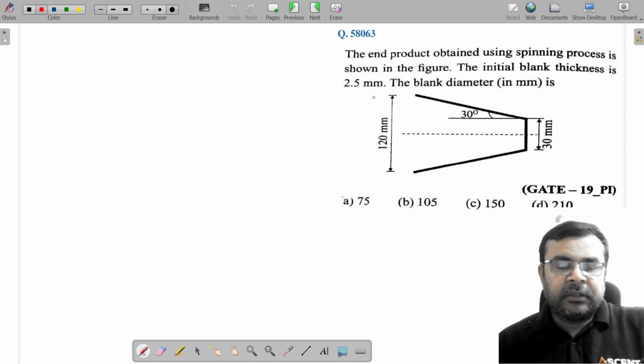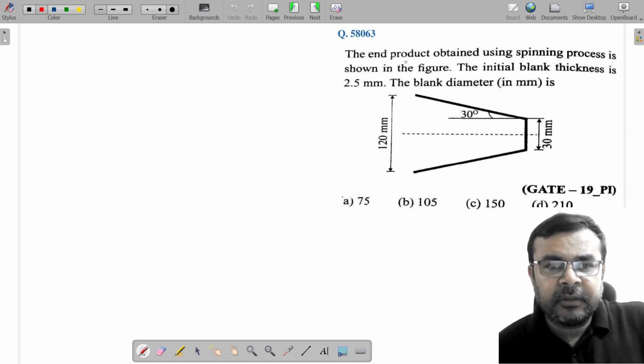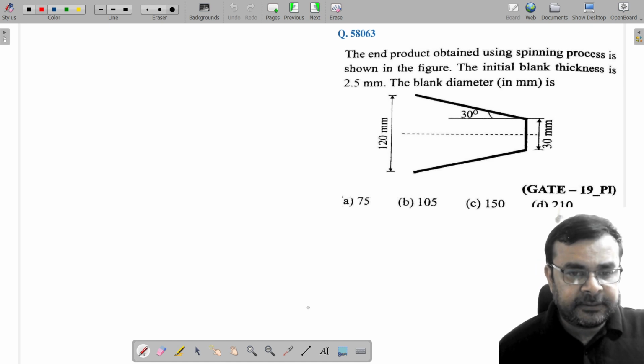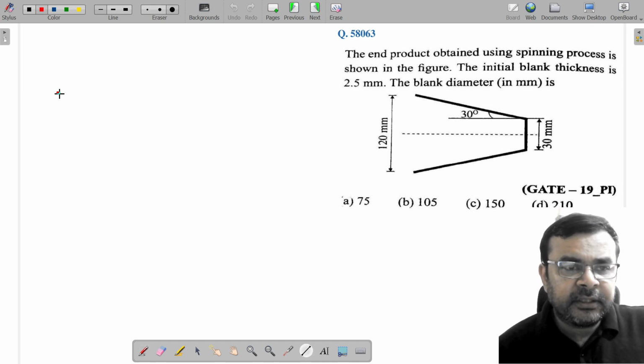Now you can see the end product obtained using a spinning process in the figure. The initial blank thickness is 2, and the blank diameter in millimeters. So first, if I talk about the spinning process, in this you can see here we have a mandrel which looks like this.